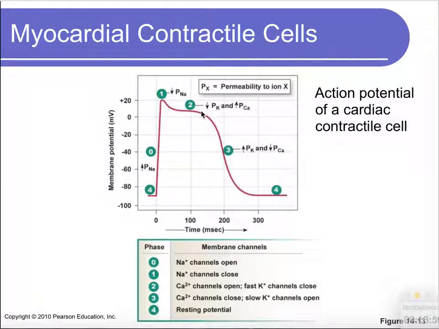Then what happens is calcium movement stops, and then more potassium channels open, and potassium continues to rush out. And as a result, we get our repolarization. So let's do that one more time. So the depolarization is due to sodium in. Then we start to move potassium out, but while we move potassium out, calcium is coming in.